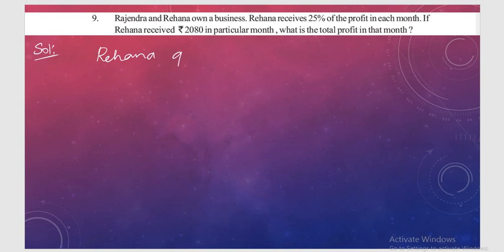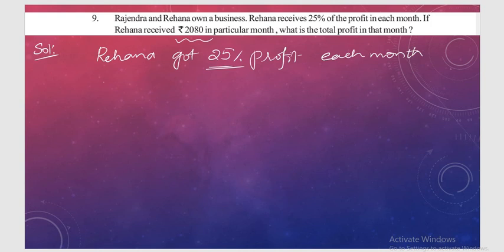So what has he given? Rahana got 25% profit each month. Now in a particular month she got 2080 rupees.